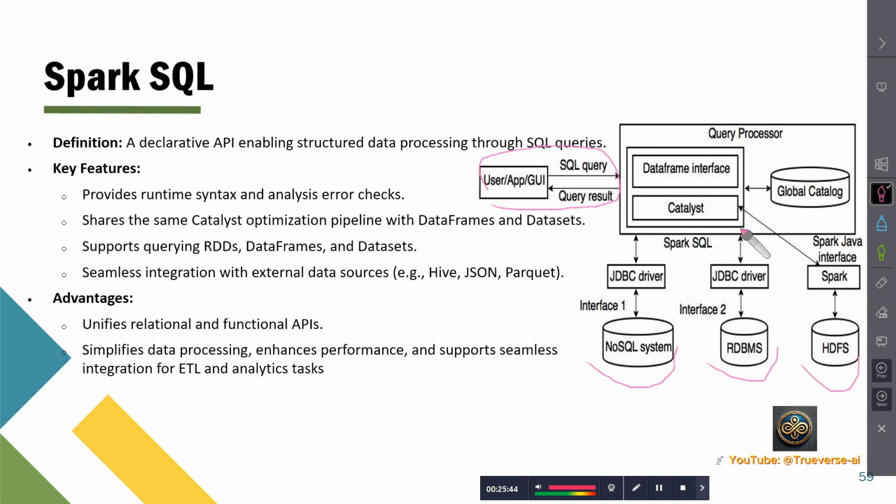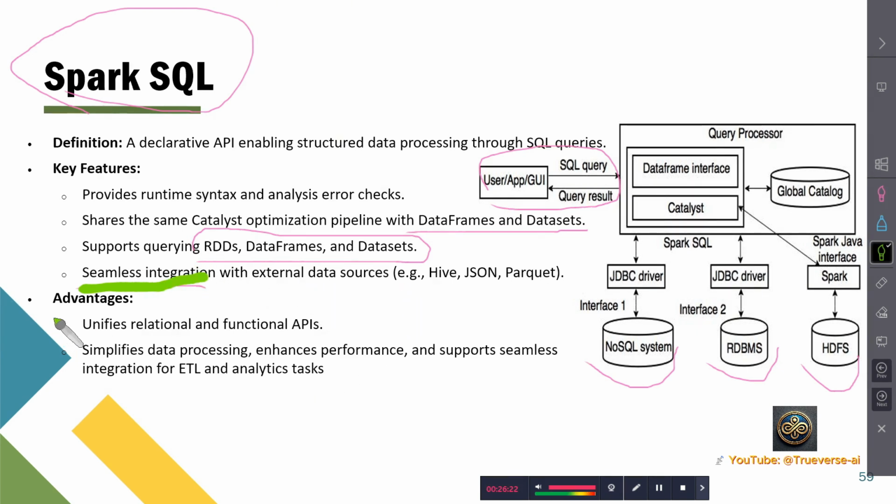Use the Catalyst operation pipeline, which use like for data frame and data set. Support fundamental data abstraction like RDD, data frame, and others. And Spark SQL give the opportunity for seamless integration. This is very important. Seamless integration for external data sources.